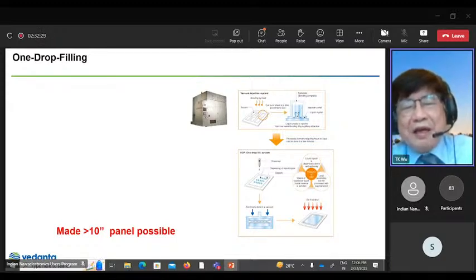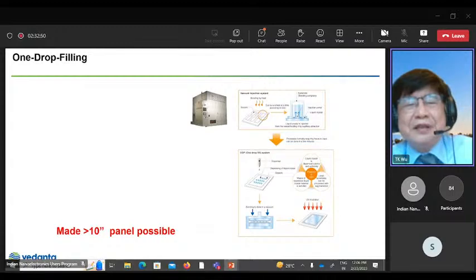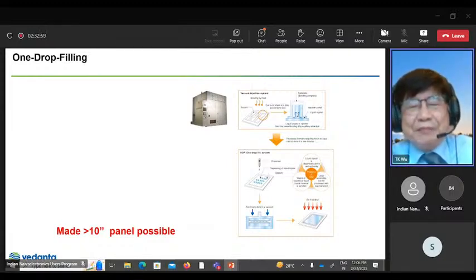People used a lot of methods to formulate a new UV curing resin. In a standard UV curing resin, the solvent portion will hurt the liquid crystal. So we have to use an inert solvent to develop such a very special resin.